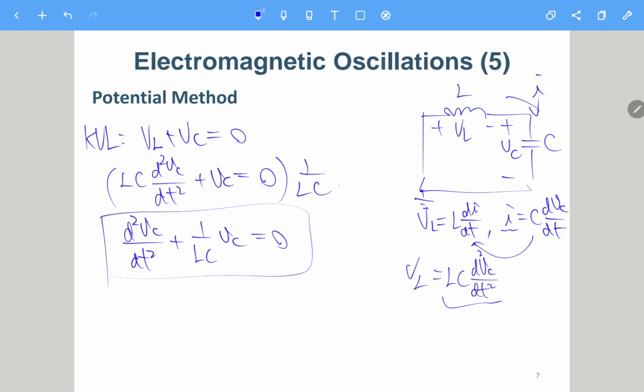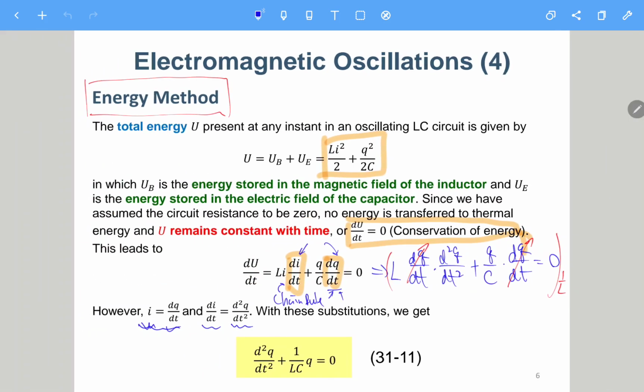So we have the same second order ODE. This is a second derivative, this is the original function, and this is 1 over LC, equals 0. Oh, but you find that this is Q, this is not VC. But actually you can do a change of variable.